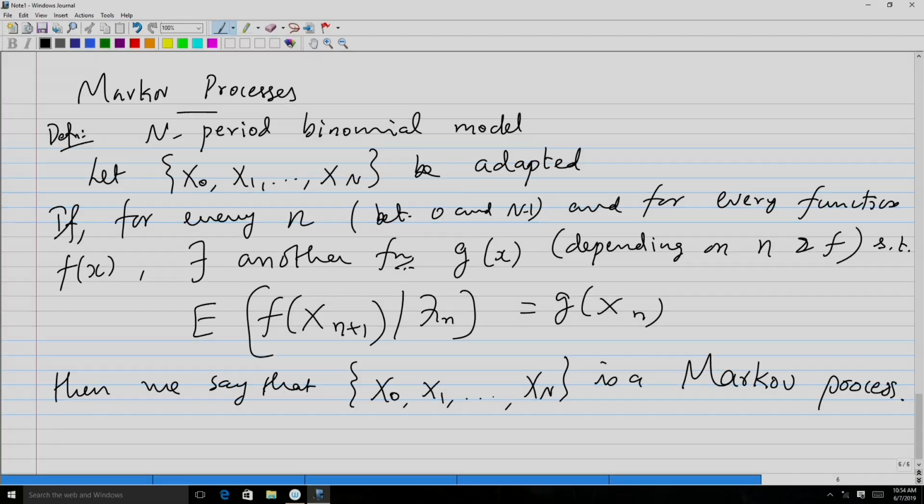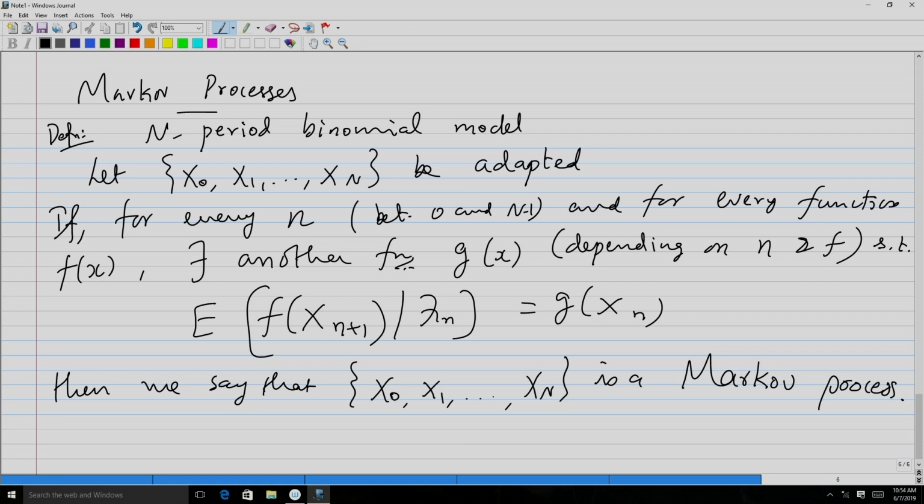Look at this definition: some function of the process at x n plus 1 given the information all the way up to n, which is the best estimate that this conditional expectation gives on the left hand side, can be expressed through a function of the process value at time n.